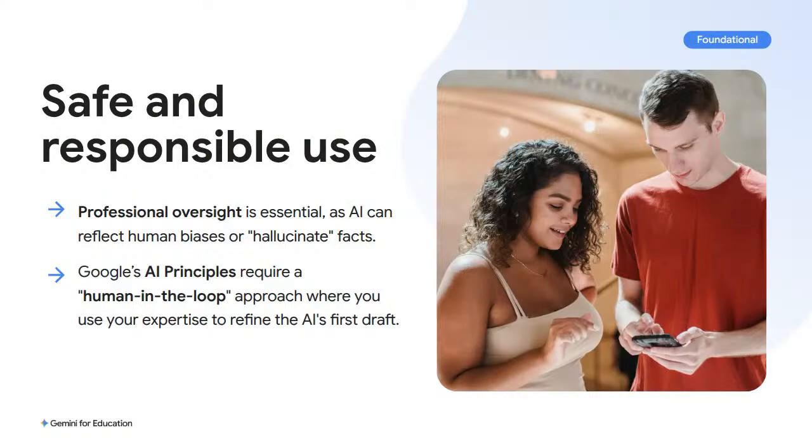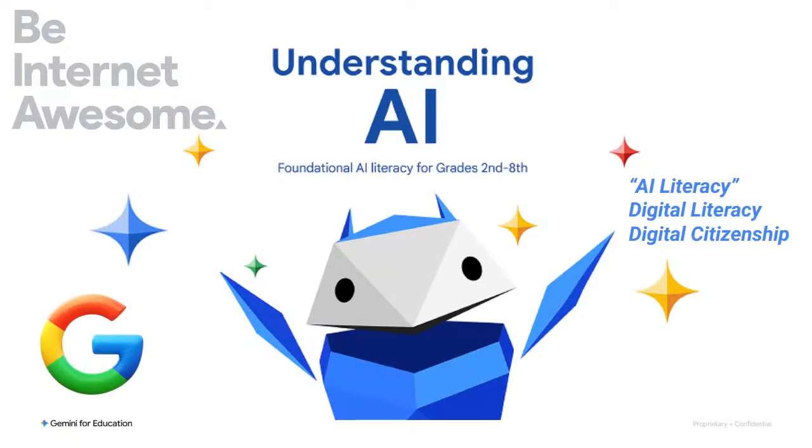So we're going to go back through safe and responsible use through one of the programs that Google has been moving forward called Be Internet Awesome. On the right-hand side of this image, you see there are three terminologies that have been the evolution of what we had with making sure people can be safe and secure and productive online. From digital citizenship to digital literacy and now AI literacy, they're all components of very similar end goals.